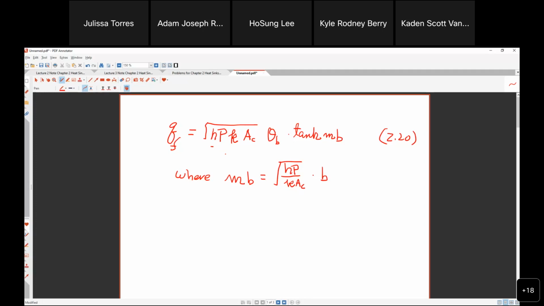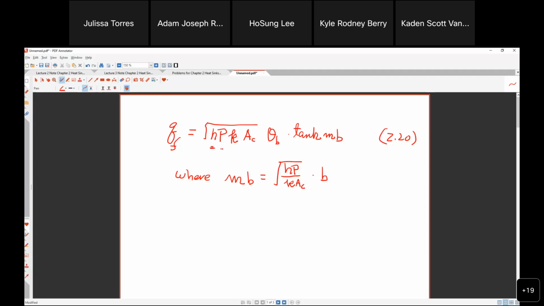What is h? The convection coefficient? Yes, yes. Heat transfer coefficient. Yes, please answer quickly, okay, so that I don't have to wait. Because I like to remind you.